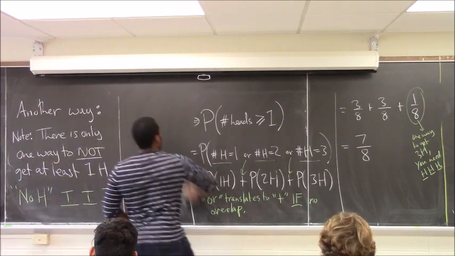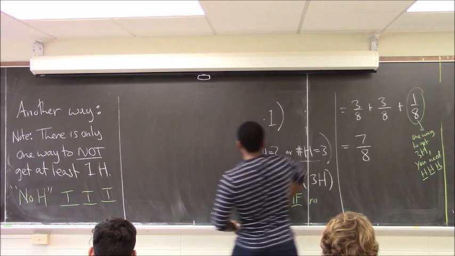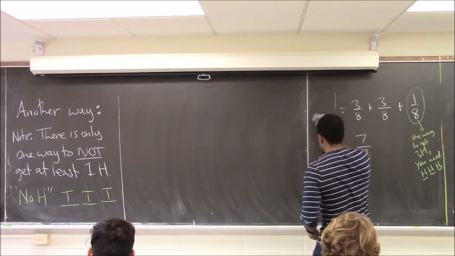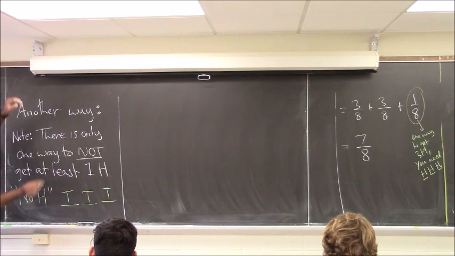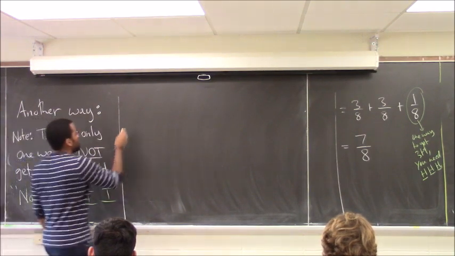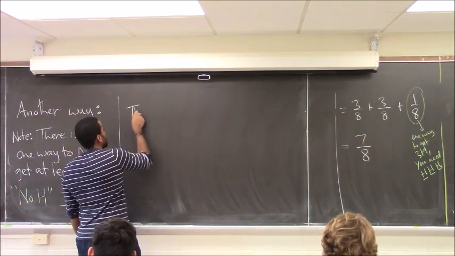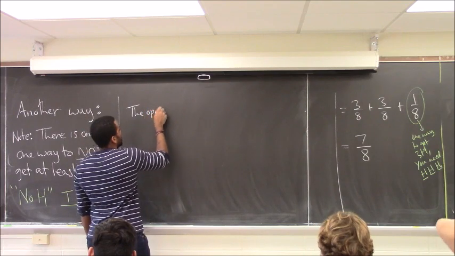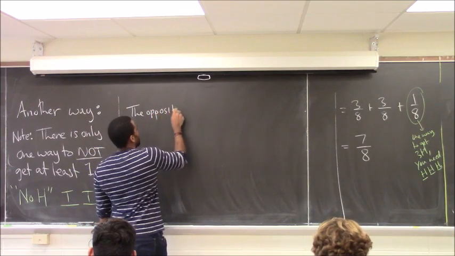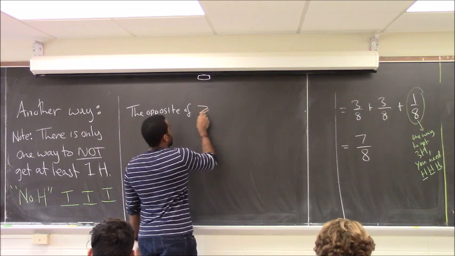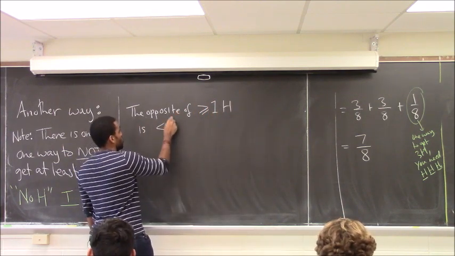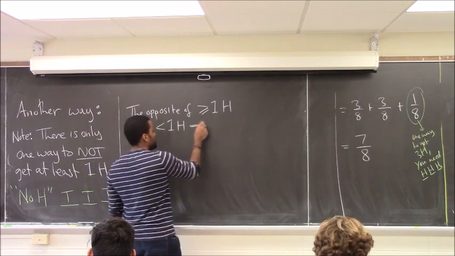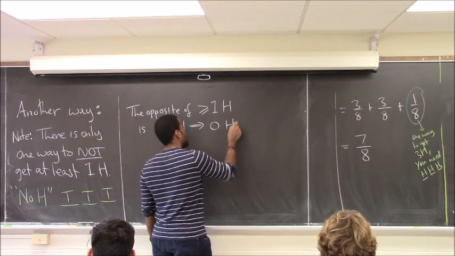So, let's say that's what jumped out at you when reading the problem. Here is how you would proceed. You realize the opposite of greater than or equal to 1 H is less than 1 H, which means 0 H's.